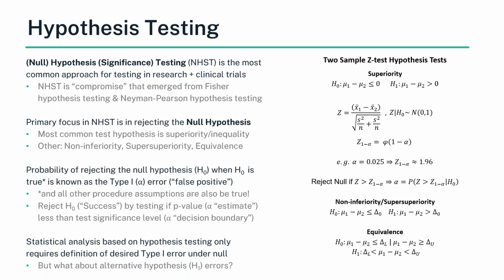So in practice, what are we actually doing? Effectively, we're going to reject the null hypothesis. We're going to find for, quote unquote, success. It's controversial to say that for some statisticians, but in effect, if our p-value is, quote unquote, significant, we take the p-value, which is our estimate of the type 1 error, and see if it's less than our decision boundary alpha, which is our test significance level.